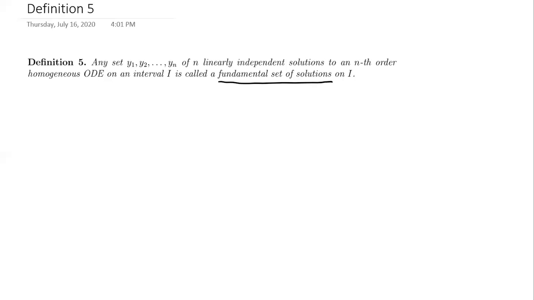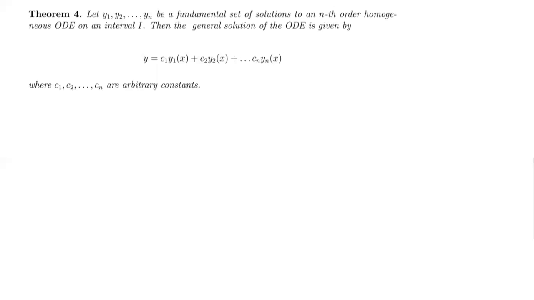Now that we have this, we can go to basically the main theorem. This theorem that we're going to see now is the reason why we talked about linear independence in the first place. So let y1, y2, up to yn be a fundamental set of solutions to an nth order homogeneous ODE on some interval I. And this is the great part. Then the general solution for the ODE is given by any linear combination of these solutions.